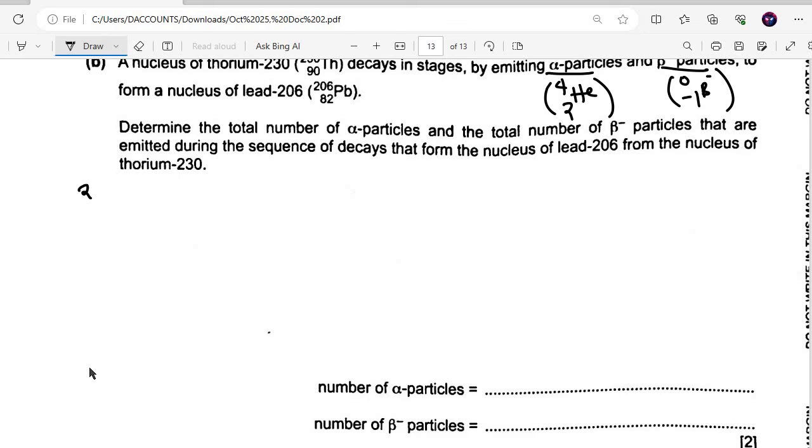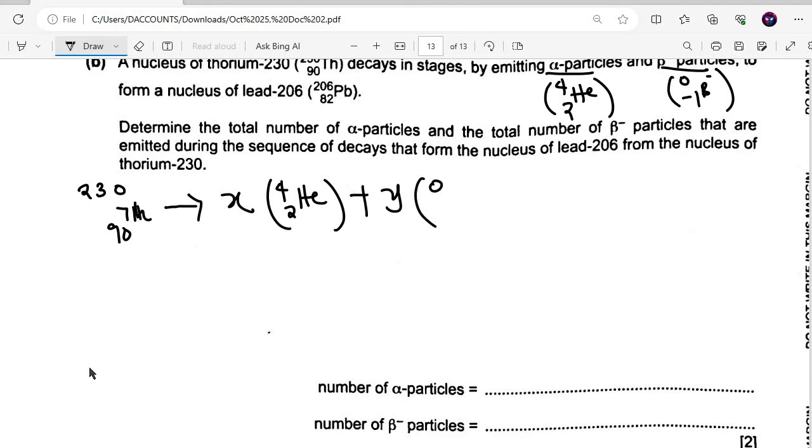It's from thorium, so we have thorium 230, 90. According to the question, there's a certain number of alpha particles required and a certain number of beta negative particles required to form lead 206.